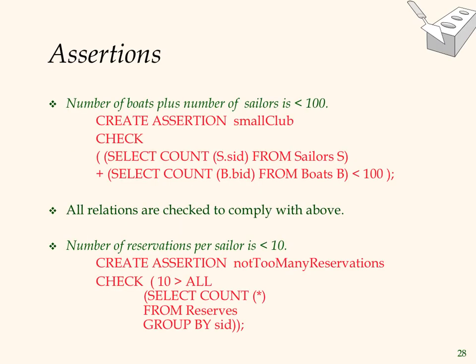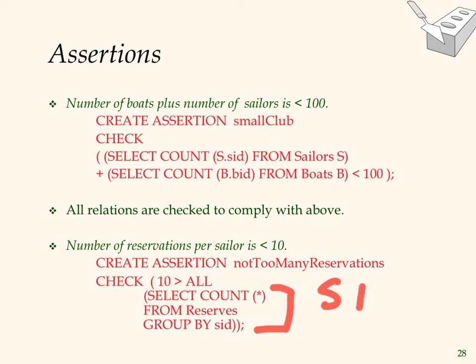So let's look at a couple of examples. So here's the one again where we had the number of boats plus number of sailors. Here's another one, a little more sophisticated. Suppose you want to say the number of reservations per sailor is less than 10. You can create an assertion, and then what you do here is you make a table where you group by sailor ID.